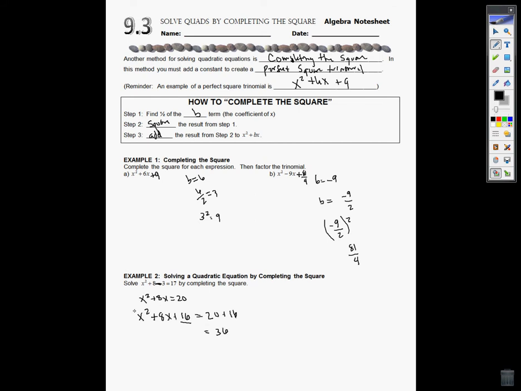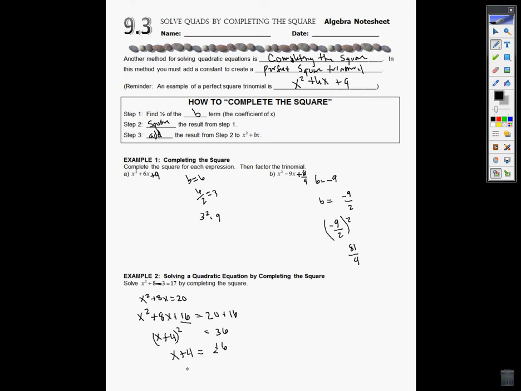Now, I completed the square over here to make this easily factorable, so that it can get down to x plus 4 squared, right? Because factors of 16 that add to 8 will be 4 and 4, so x plus 4 squared is my factored form, which means all I have to do is take the square root of both sides. That gives me x plus 4 equals plus or minus 6, and then we're going back to solving equations by square roots, right?